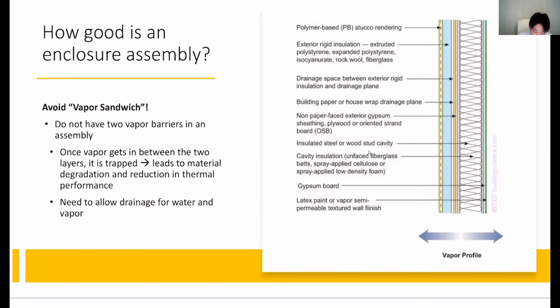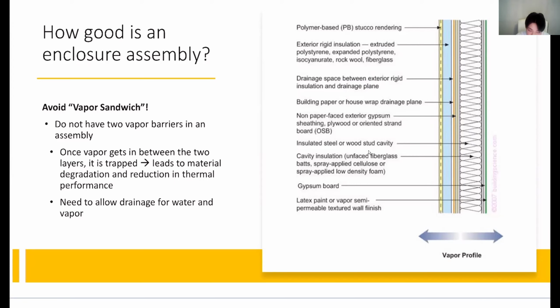Because if you think about the vapor barriers, they are supposed to impede vapor transport, right? But what if the design is not perfect, or when you actually apply those layers on the site, the workers are not doing so with perfect practices? Maybe there's some leakages somewhere, right?